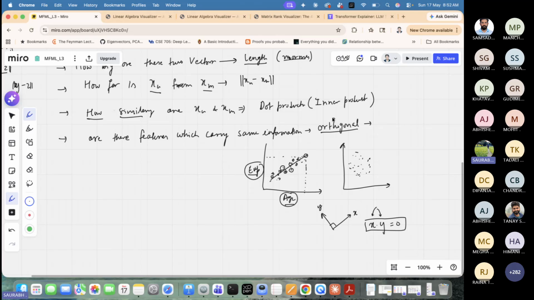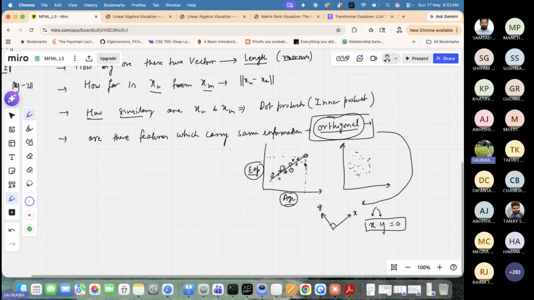So the fourth one would help you understand the intuition of whether the features that we are measuring things with, the columns that you have, are those columns similar or dissimilar in some sense? If they are dissimilar, they should be orthogonal. And orthogonal means the dot product between them is zero.